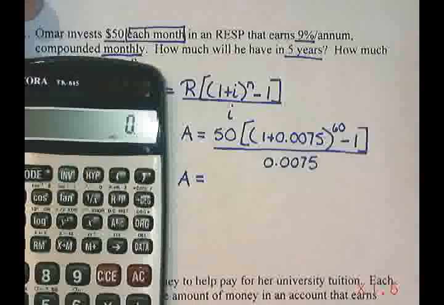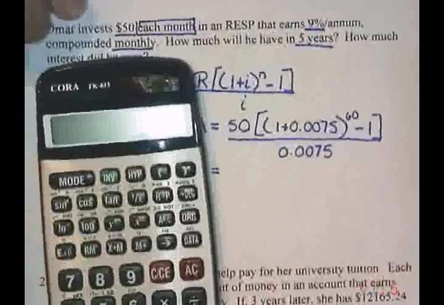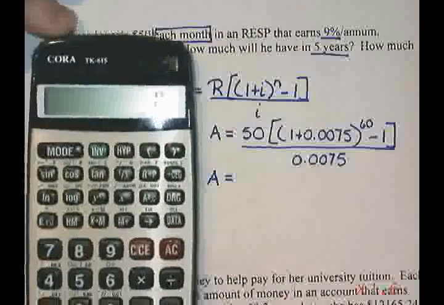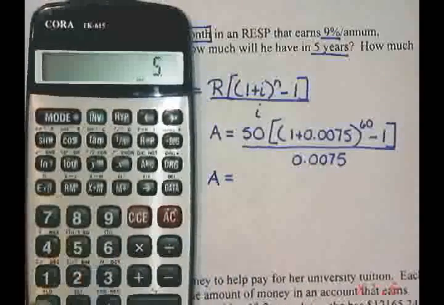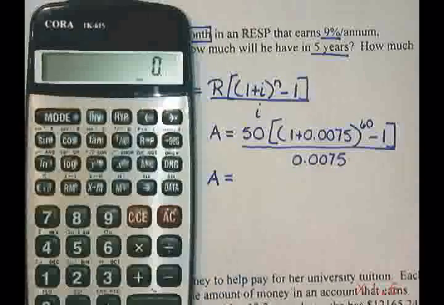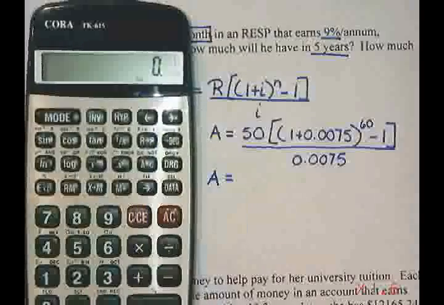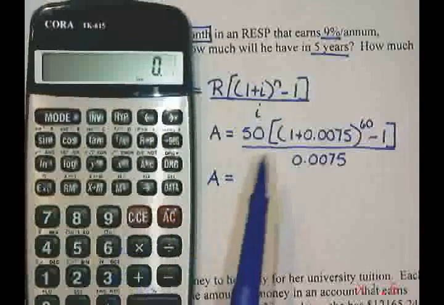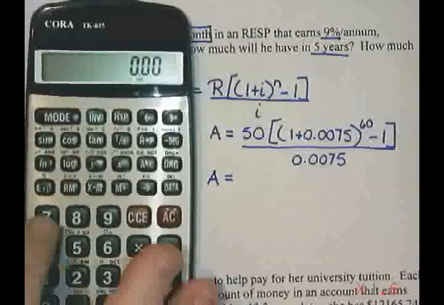So on this one, I'm going to punch in exactly what I see. I'm going to do 50 times bracket, bracket. So I press the bracket button twice. On this calculator, it doesn't show up any differently, but I still pressed it twice. And then 1 plus 0.0075.